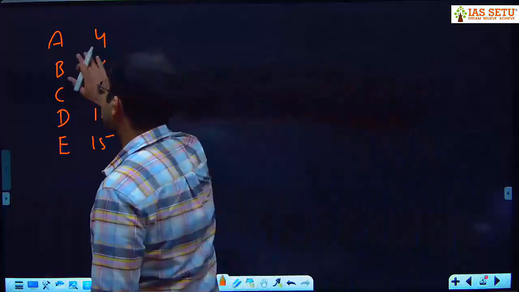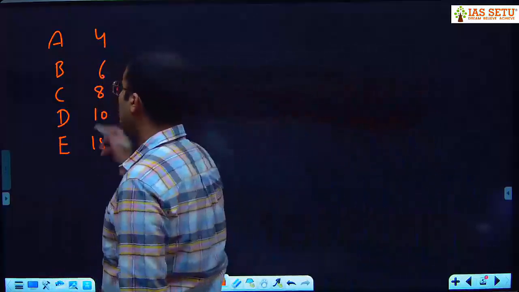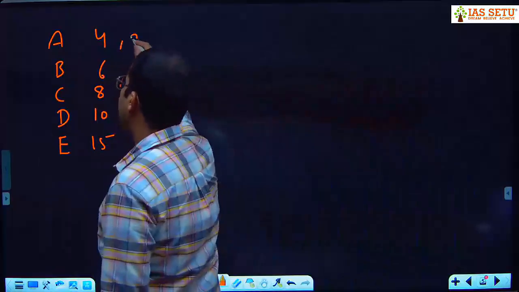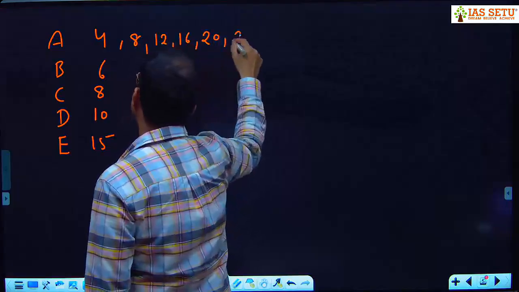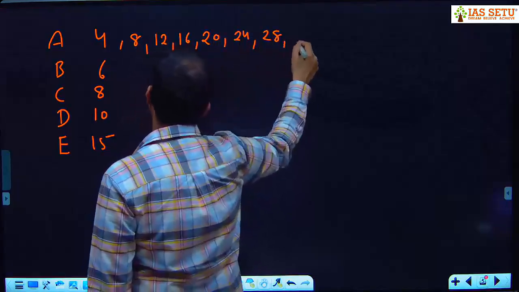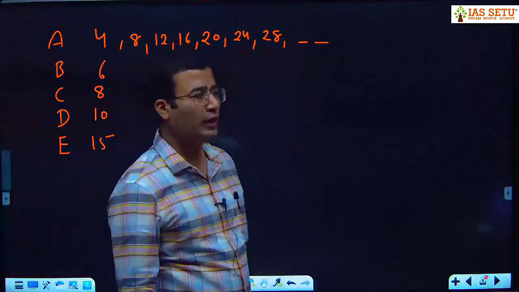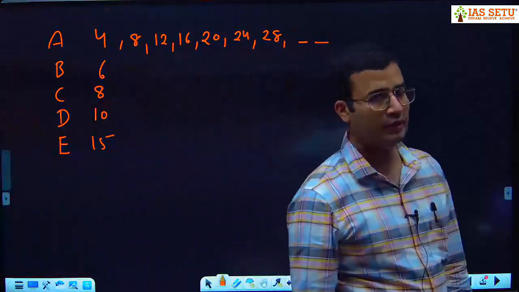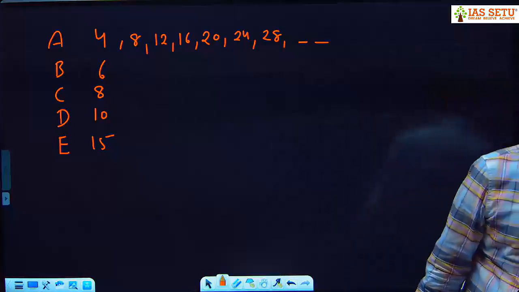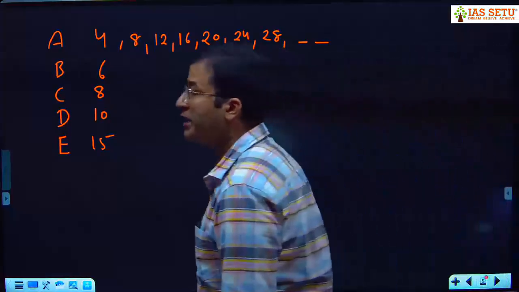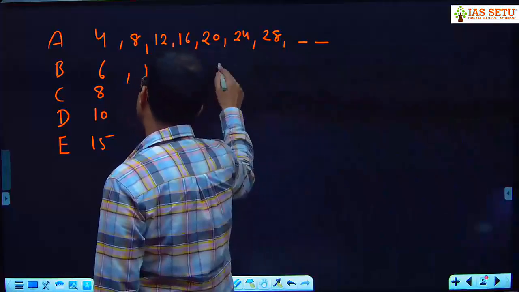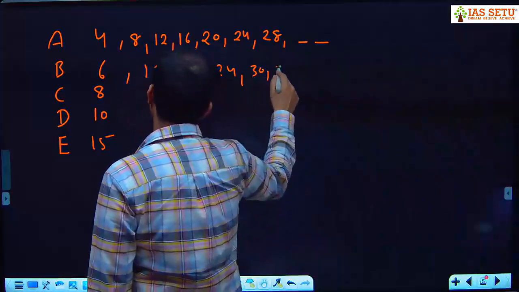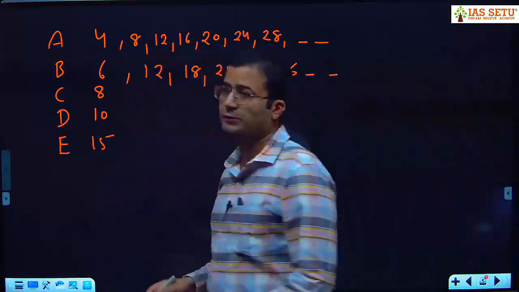Every 4 seconds the bell will ring, so it will toll at 4, 8, 12, 16, 20, 24, 28 and so on. Bell B tolls at multiples of 6: 12, 18, 24, 30, 36 and so on.